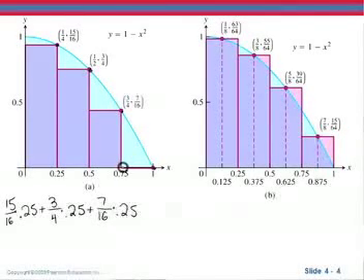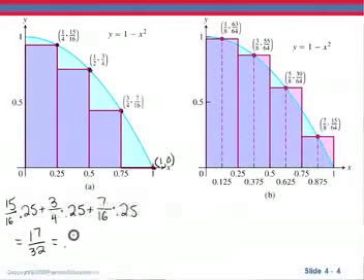Now look at the last one. You see this little pink line here? There's actually no rectangle because the height here, this point on the graph, is (1, 0). So it has 0 as its height. So there's actually no rectangle here. Now if you type this into your calculator, you will get 17 over 32, which is 0.53125.